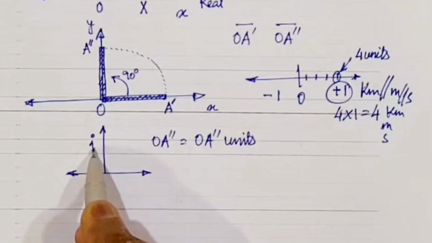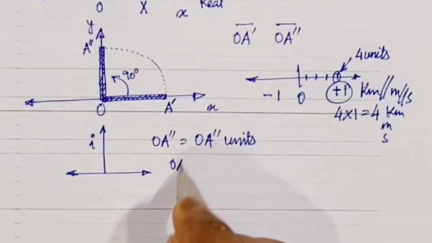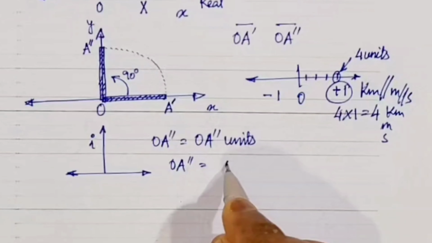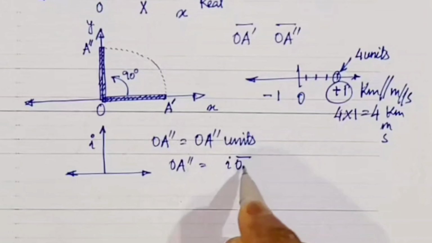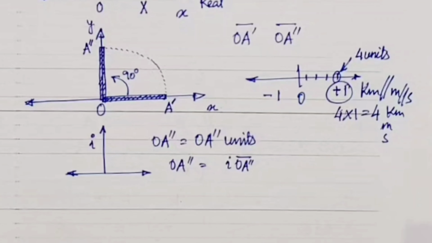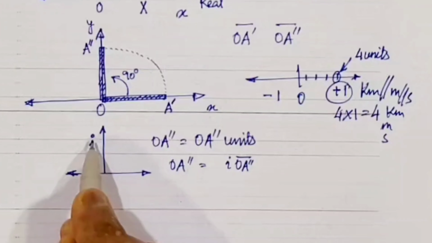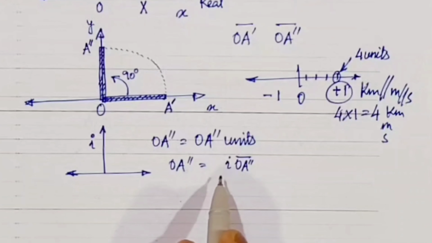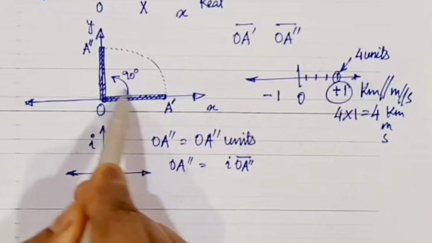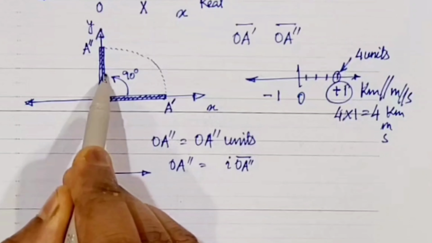So if the unit is i here, OA double prime is actually i into OA double prime. So that means when you multiply something by i, it rotates by an angle of 90 degrees.